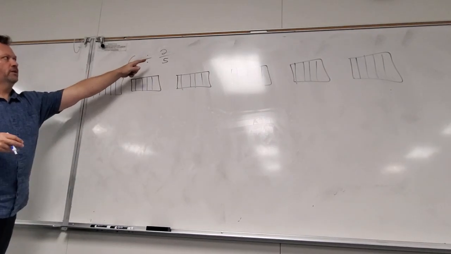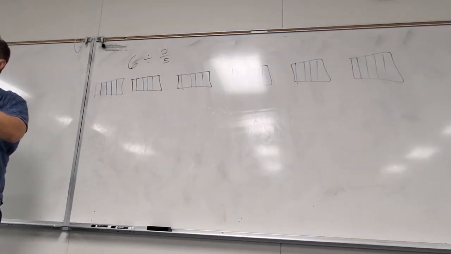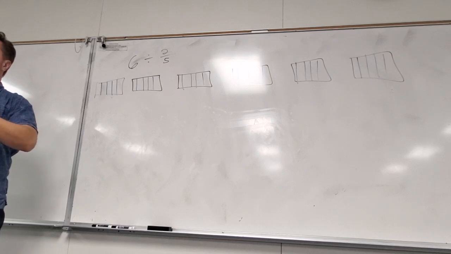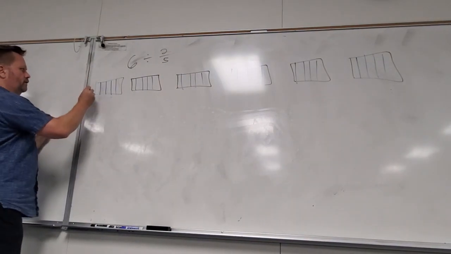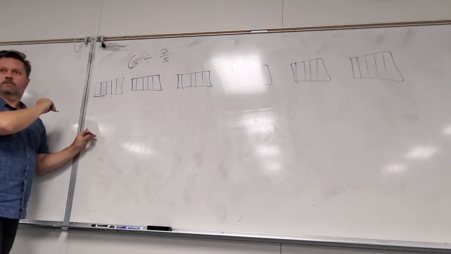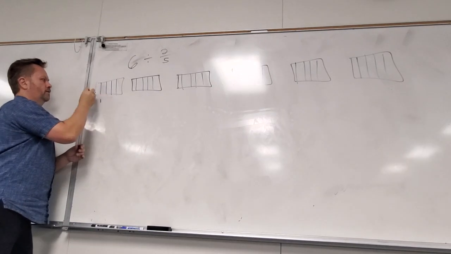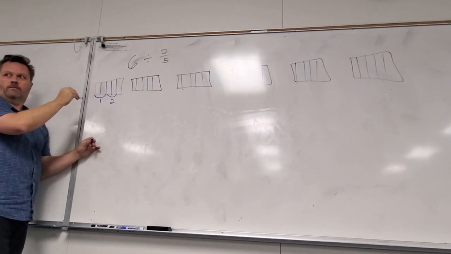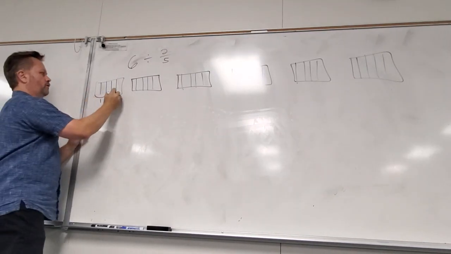So now, if I want to divide this by 2/5, what do I start looking for? So this is 2/5, correct? So there's 1. This is 2/5. This is 2/5. So there's 2. Are you with me? And then this is 2/5.